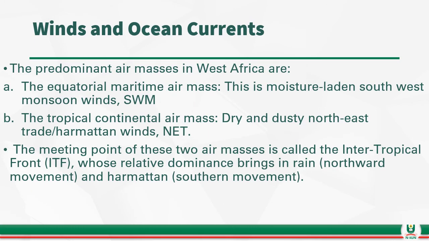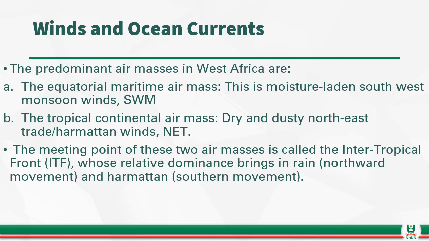Talking about the winds and ocean currents, there are two basic major types of wind air masses in West Africa. The first is the equatorial maritime air mass, and this is usually moisture laden in the southwest monsoon winds.